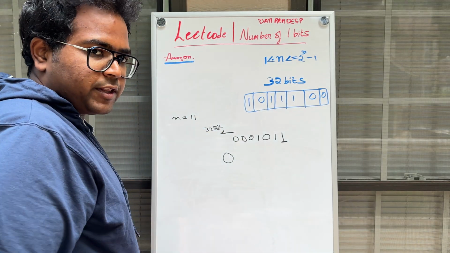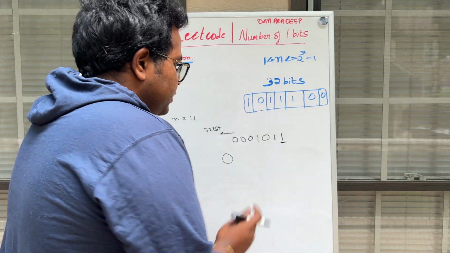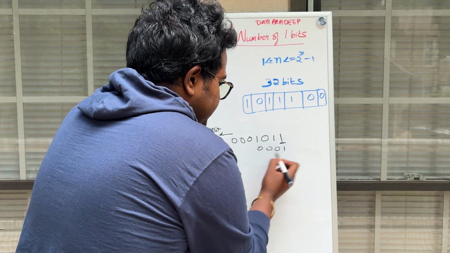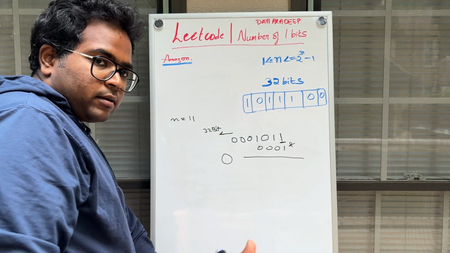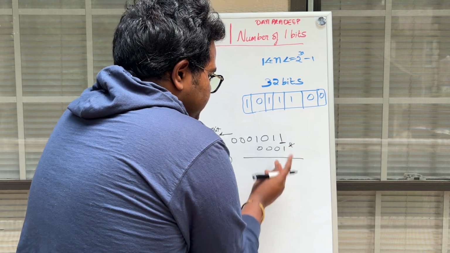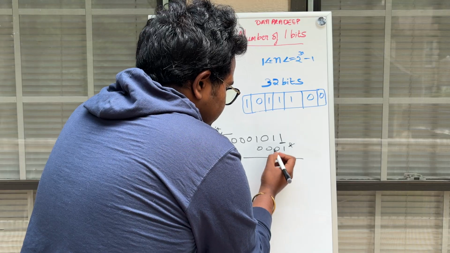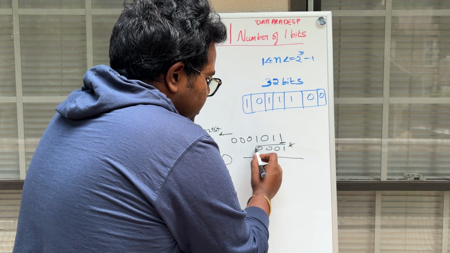Let me explain with the example I'm taking right now. As I mentioned, I'm going to do the AND operation every time, before doing the right shift. Here the answer will be 0. Why am I doing the AND operation here?